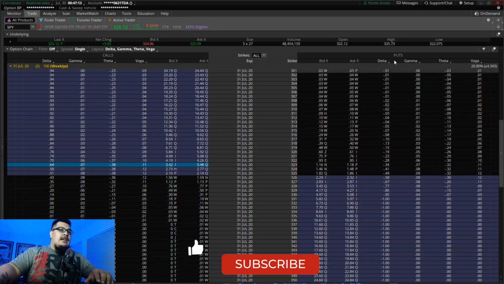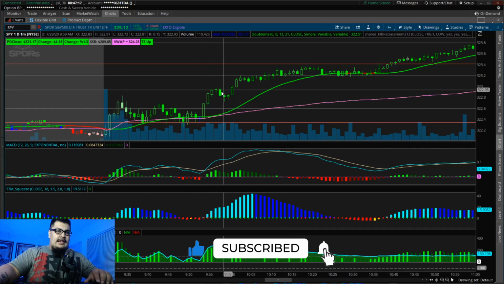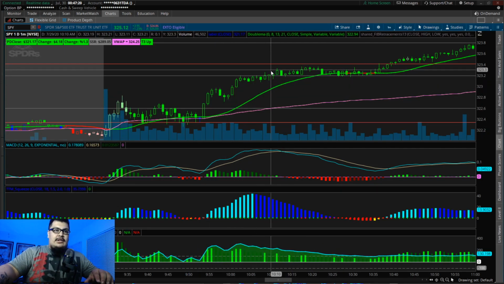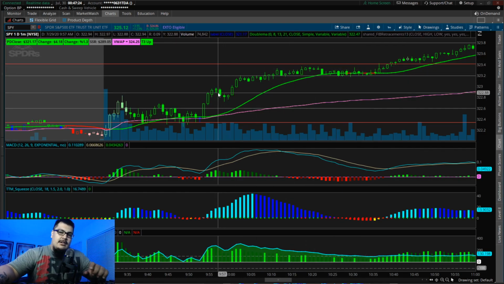Then what else it's going to do is, if we come back over here and say your stock price starts moving up, so you get this nice candle to the upside, and then you start getting into 323 and it starts moving above 323, you have what's called gamma ramp.